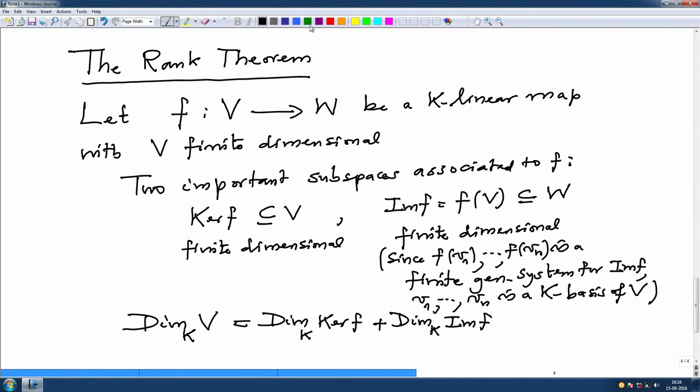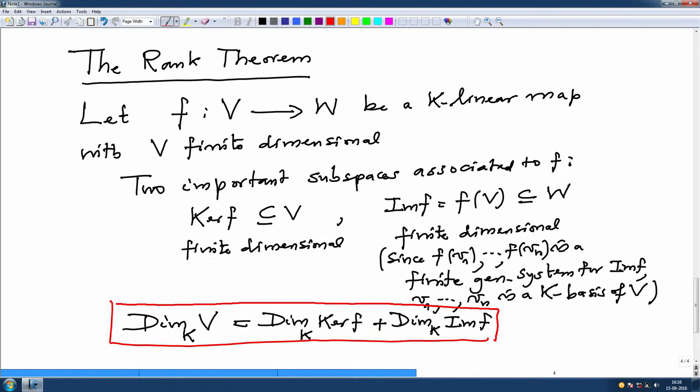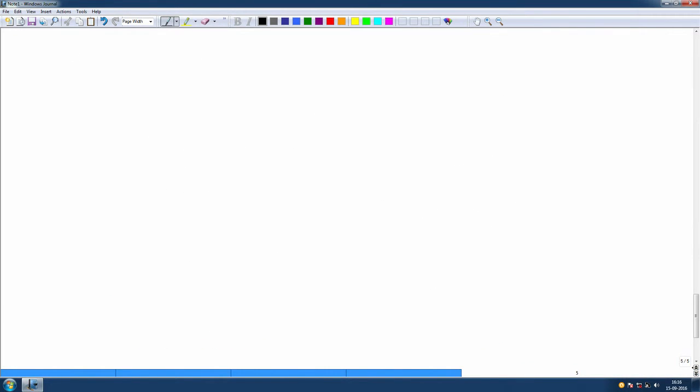This is what the rank theorem is. A very nice important formula which is used very often. So, let us prove this. The proof is, as you will see, almost trivial.